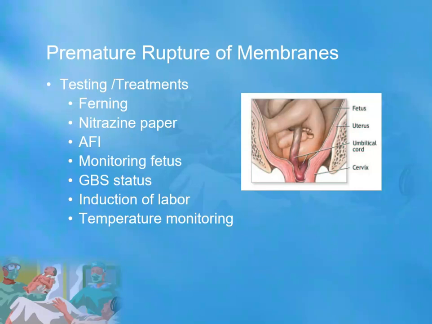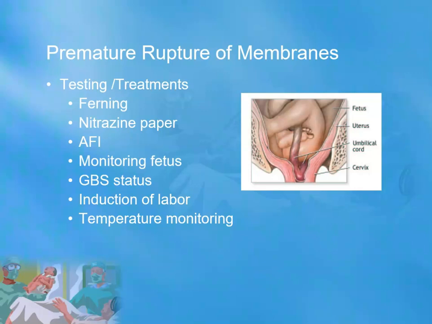We want to monitor the fetus and group B strep status, because if this patient gets kicked into labor and we know she's group B strep positive, remember, they do this at 36 weeks, so she could come in at 36 and a half weeks and still be in preterm labor or preterm rupture of membranes. So if she's positive, then we may have to give some antibiotics if she's going to go into labor.